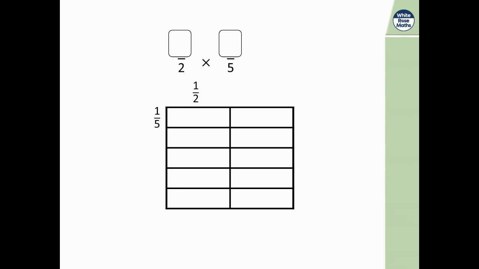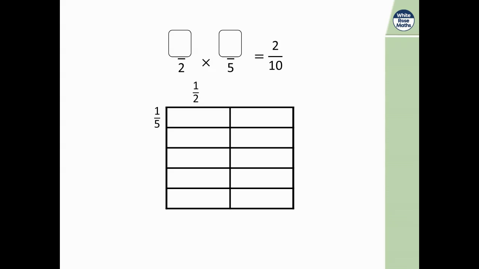Tenths. But remember, 1/5, if we're going to put that into tenths, then the fifths need to become tenths. So we're timesing it by 2. Well, then that means that 1 needs to get multiplied by 2 as well. So it becomes 2/10.